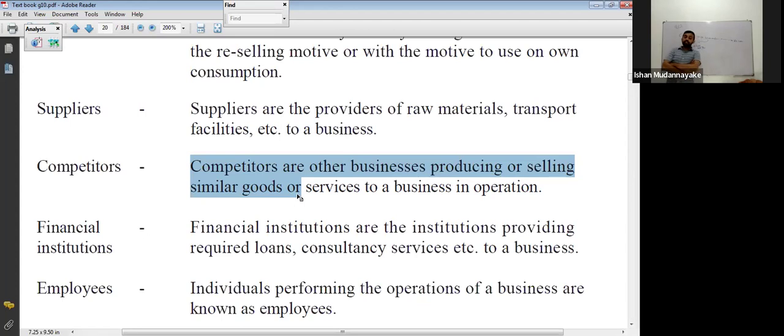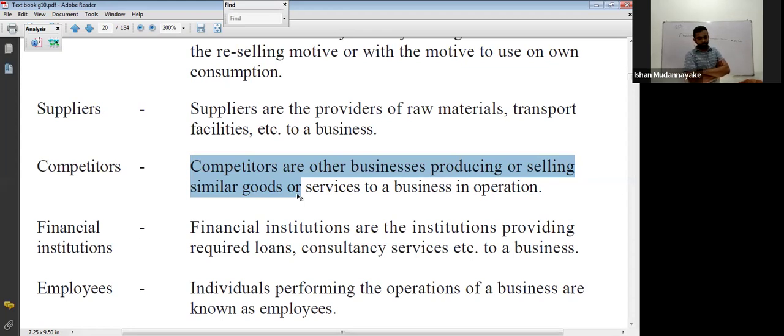For example, for the Maliban Biscuit Company, Munchee Biscuit is one of the competitors. For the Coca-Cola Company, Pepsi Cola and Elephant House are competitors. For the Keells Supermarket, Cargills Food City and Laugfs Supermarket are competitors. Competitors provide or sell similar goods.